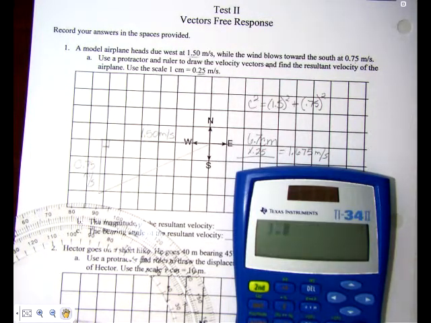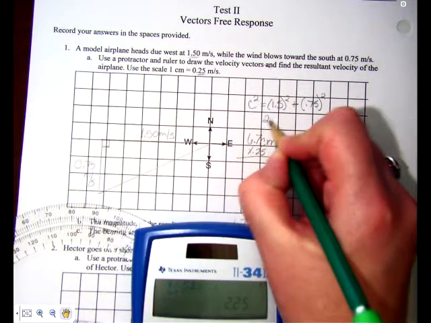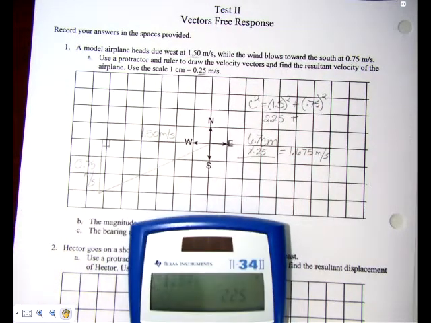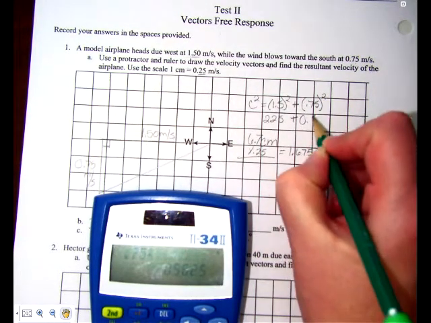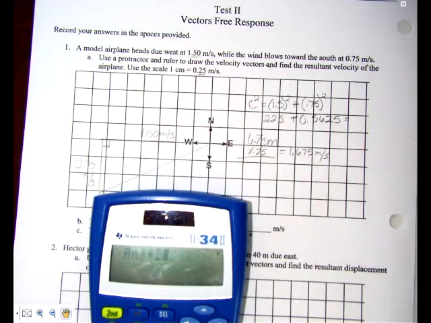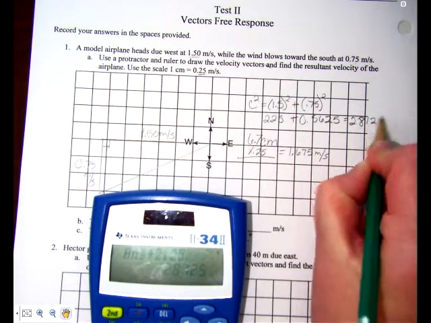So 1.5 squared is 2.25, and 0.75 squared is 0.5625. 0.5625 plus 2.25 is 2.8125.